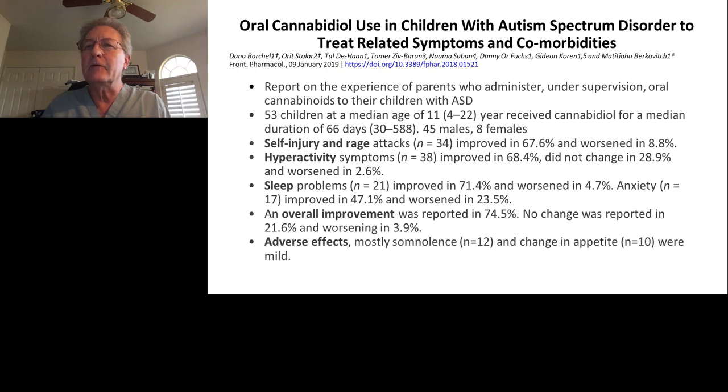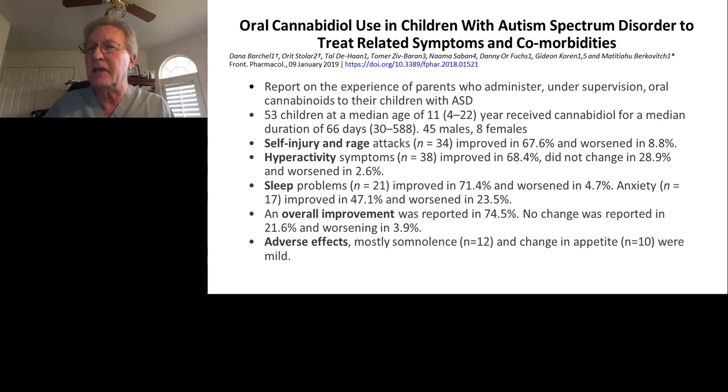And what is amazing is the amount of improvement in self-injury and rage. 67.6% improved. They looked at who worsened, and there was 8.8% that had a worsening of effect of the cannabis that they used. Hyperactivity symptoms improved in 68.4%, did not change in 23%, and worsened in 2.6%.